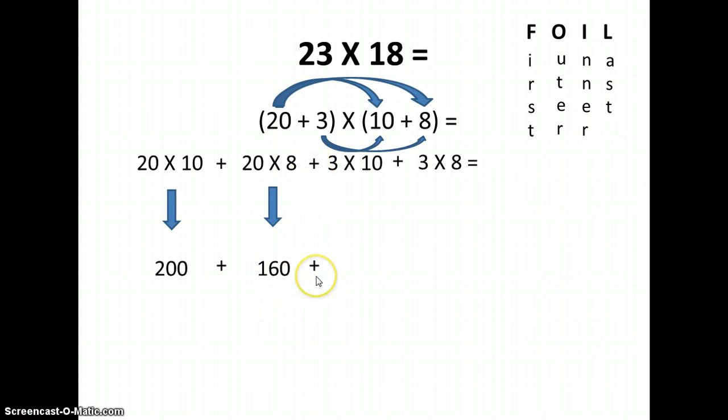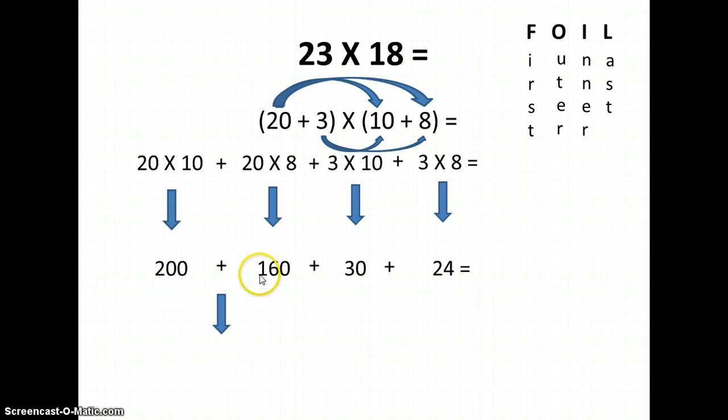Bring that plus sign. Next is 3 times 10. That equals 30. Bring that plus sign down. And last is 3 times 8. And that equals 24.